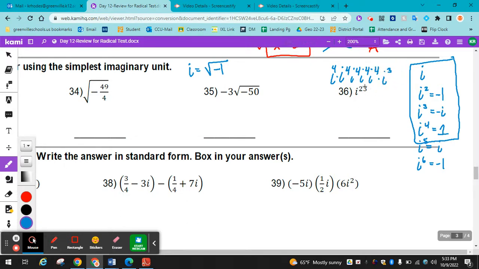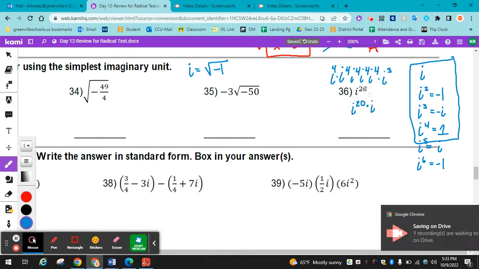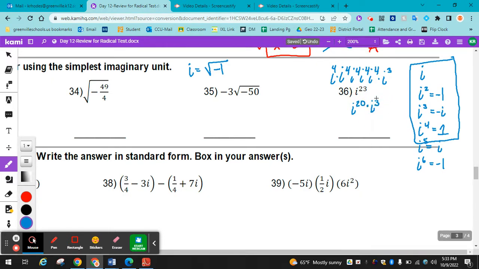So when I see i to some power being higher than it needs to be, I'll write i to the highest multiple of 4 that goes into that exponent times i to whatever is left over. It'll always be under 4. i to any multiple of 4 is 1. And then the others you'll have to memorize.